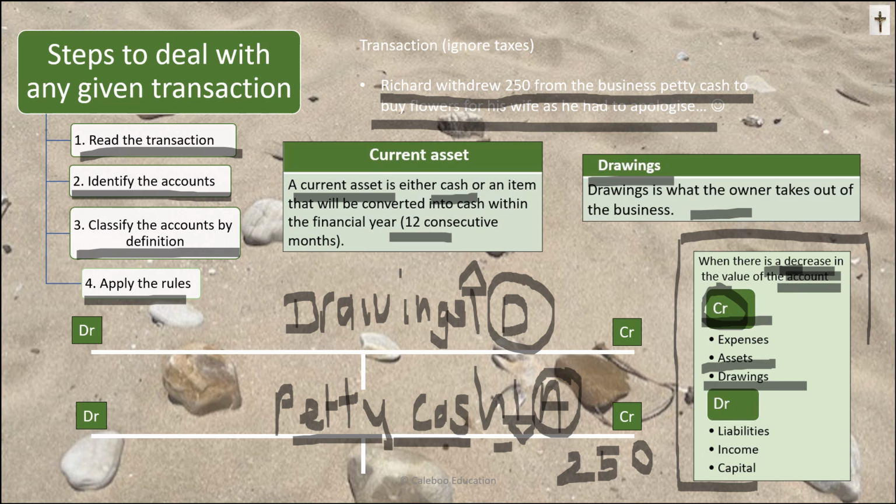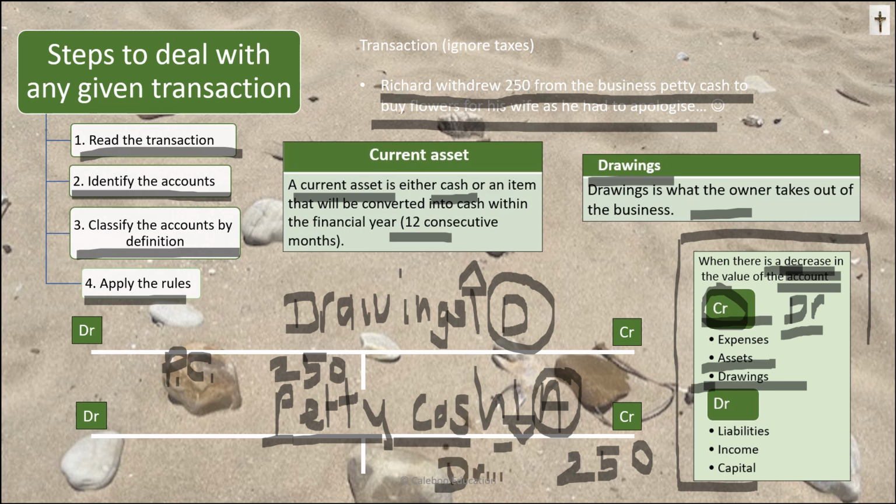So I'm saying this quite quickly. If there's an increase in drawings, it will be debited. So on the debit side of drawings, we're going to have 250. Remember, under details, you're going to have the name of the contra account, petty cash. And in the petty cash account, you're going to have the name of the contra account, which is drawings.